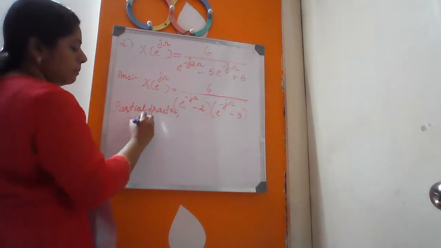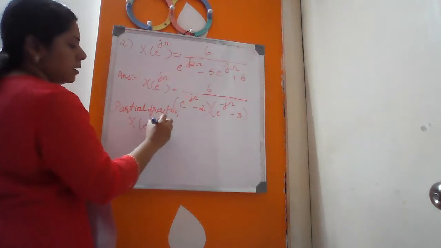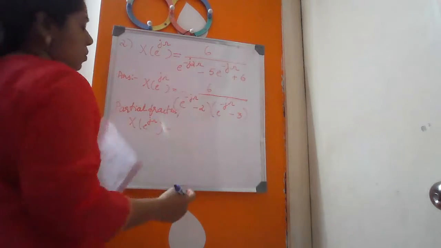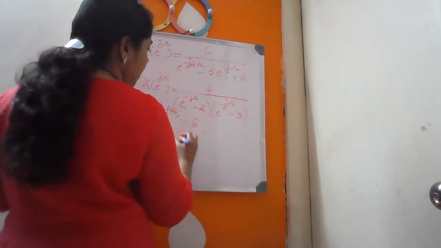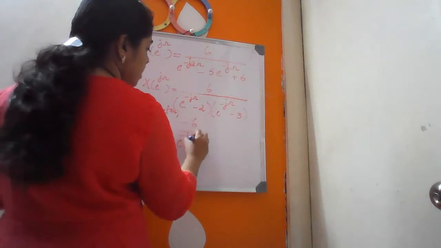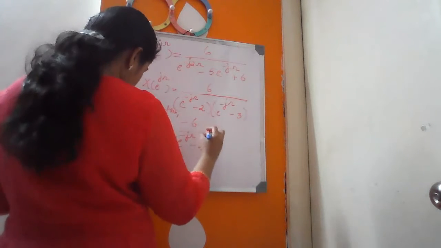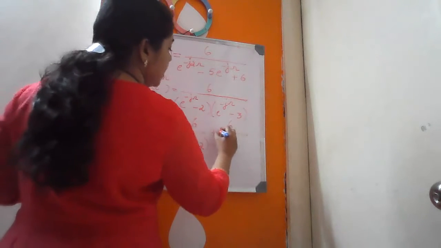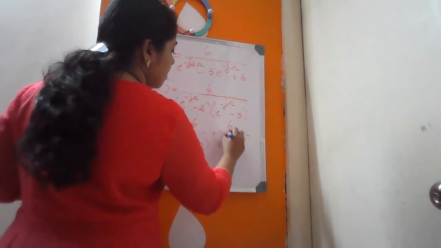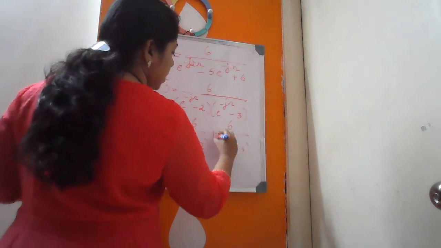So by using partial fraction, I can write the above equation as: the a value I get as minus 6 by e power minus j omega minus 2, plus the b value I get as 6 divided by e power minus j omega minus 3.